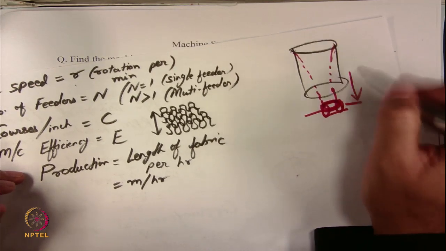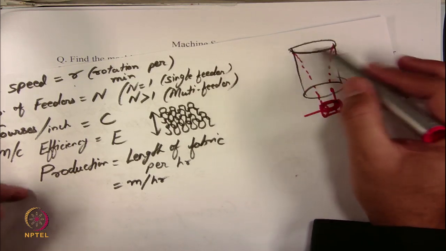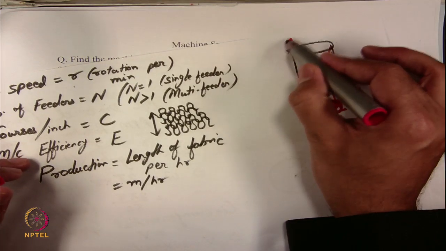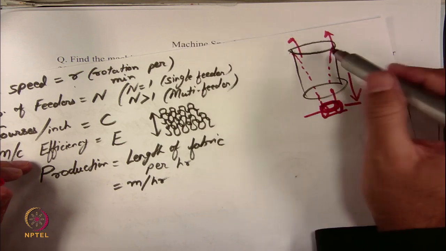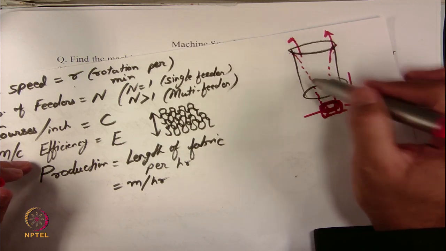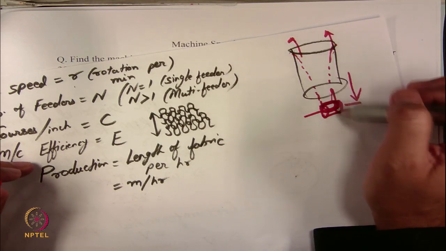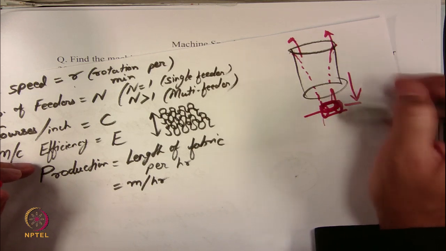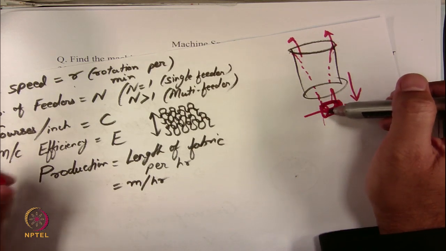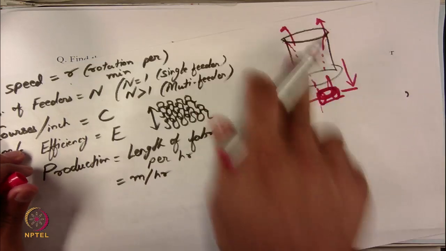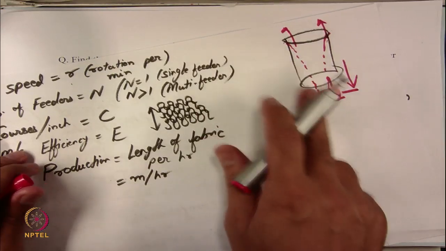So, the fabric was formed in the knitting zone. Here the needles were performing, and after the knitting zone the fabric was being formed and pulled by dead weight, and sometimes you roll the fabric on a cylinder. So, this is how you produce the fabric. So, this is the length of the fabric which we are talking of.